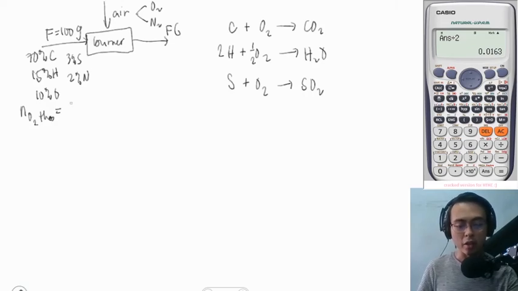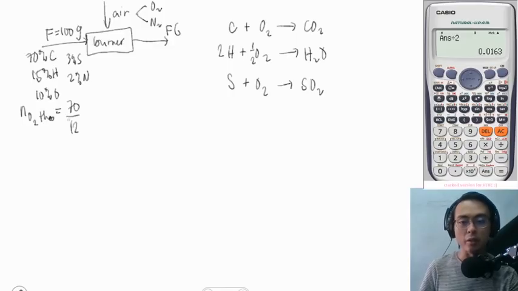So that's 70 grams of carbon divided by 12. So this gives us the number of moles of carbon. Okay, moles carbon. And then stoichiometry, 1 mole of carbon is to 1 mole of O2.